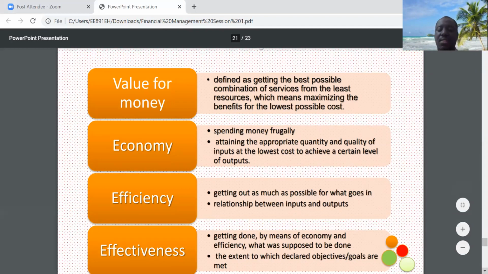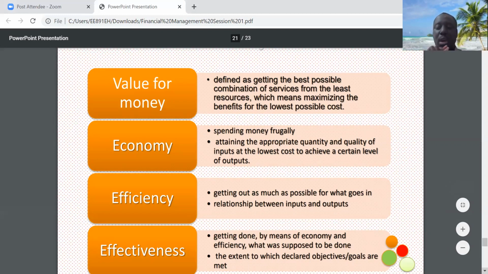Then you have effectiveness. Effectiveness simply means getting things done by employing the principle of economy and efficiency, to get what was supposed to be done. It's basically the extent to which you meet your goals and objectives. So these are the three principles, but I'll show you a simple trick, and you would remember this.